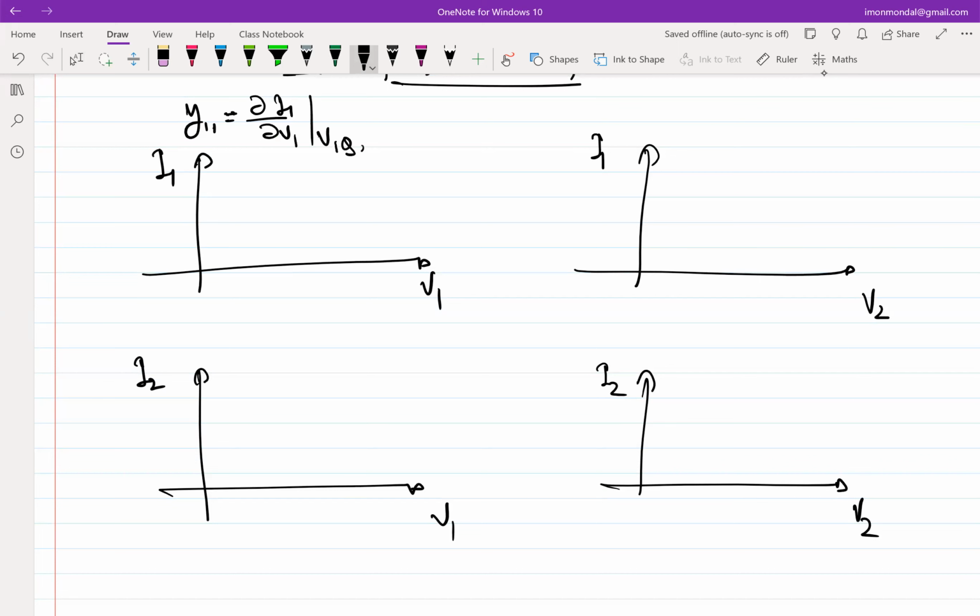Under a quiescent condition of some V1Q, V2Q. Correct. So Y11 equal to 0 under some quiescent condition of V1Q, V2Q means, let's mark off a quiescent voltage V1Q. And when I say Y11 is equal to 0, what do I essentially mean in terms of the absolute, total IV characteristics?